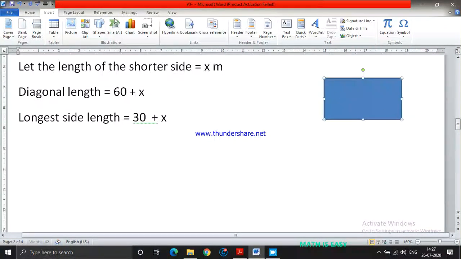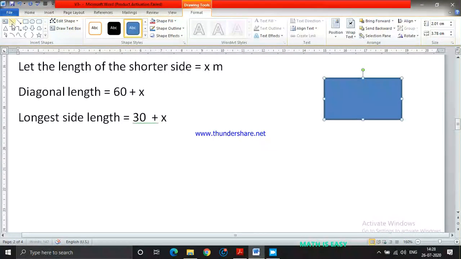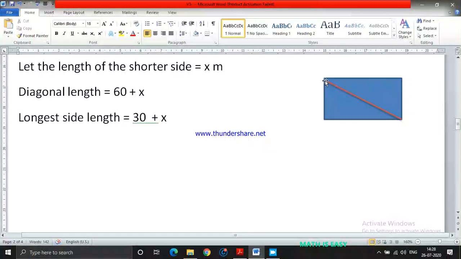If I take this as the rectangle, let me change the color. Yeah, this is the diagonal. So this perpendicular will become the breadth, the shorter side, and the length I have taken as the longer side, maybe vice versa you can take, and this is the diagonal.